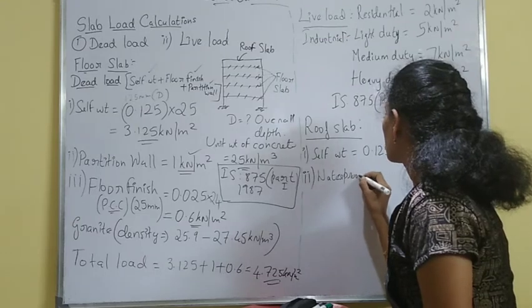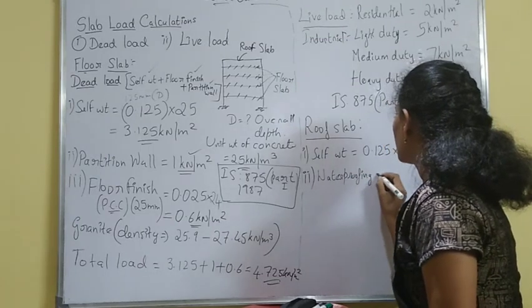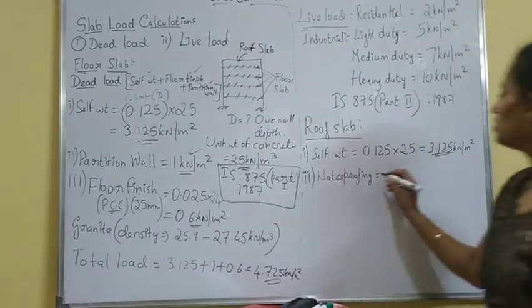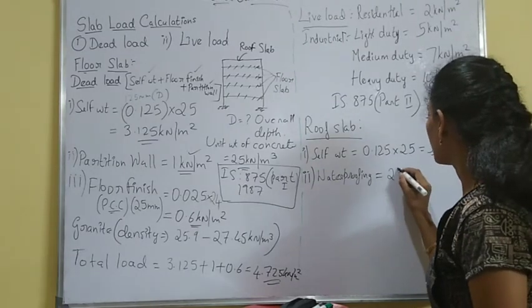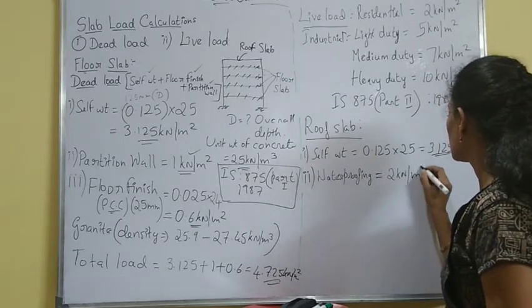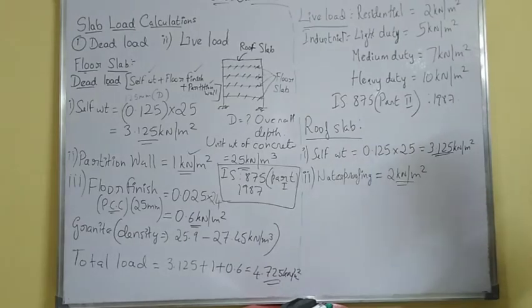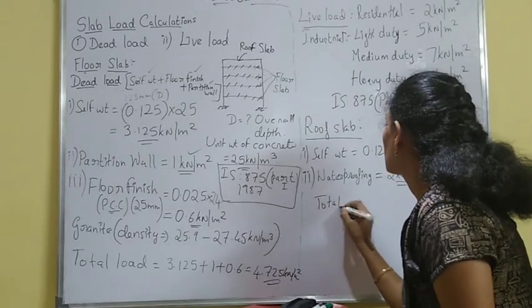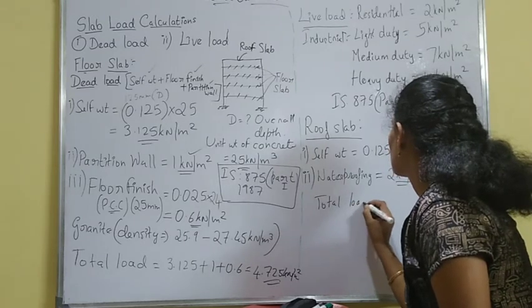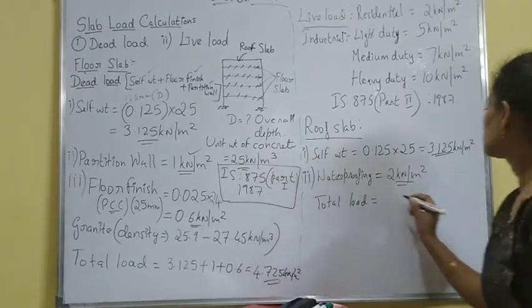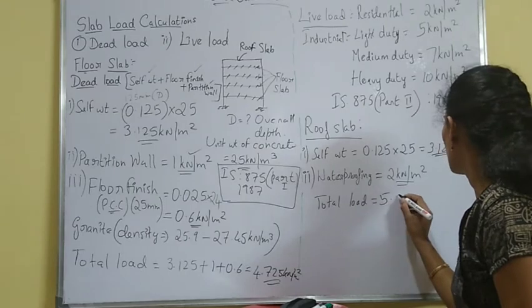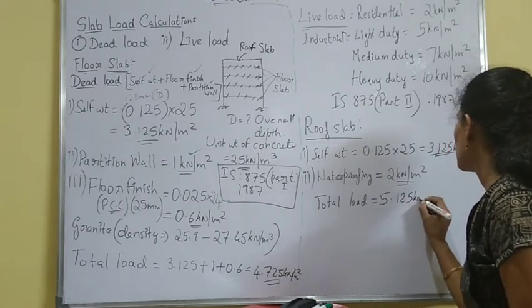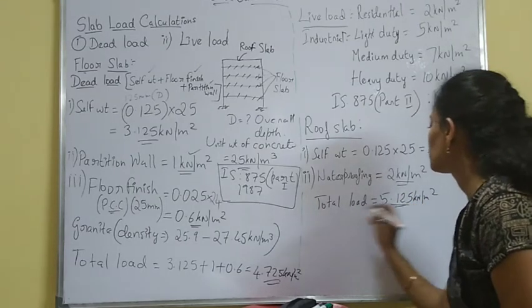Waterproofing will be done for leakage, so that usually will take around 2 kilonewton per meter square. Therefore, the total dead load is 3 plus 2, that is 5.125 kilonewton per meter square.